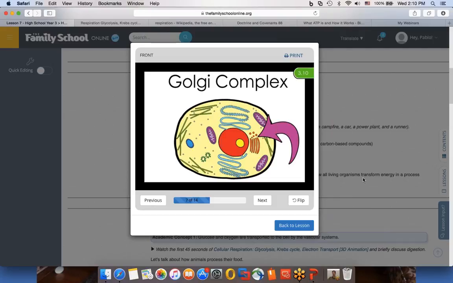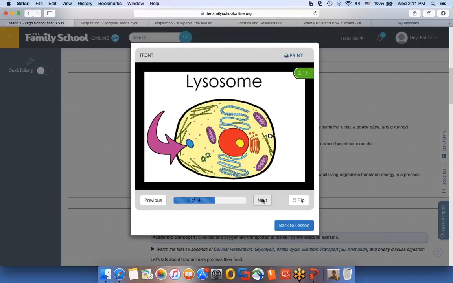Connor says it stores proteins. Jacob says that the Golgi apparatus is like the digestion system. Is that correct? Which one would be more like the digestion system?